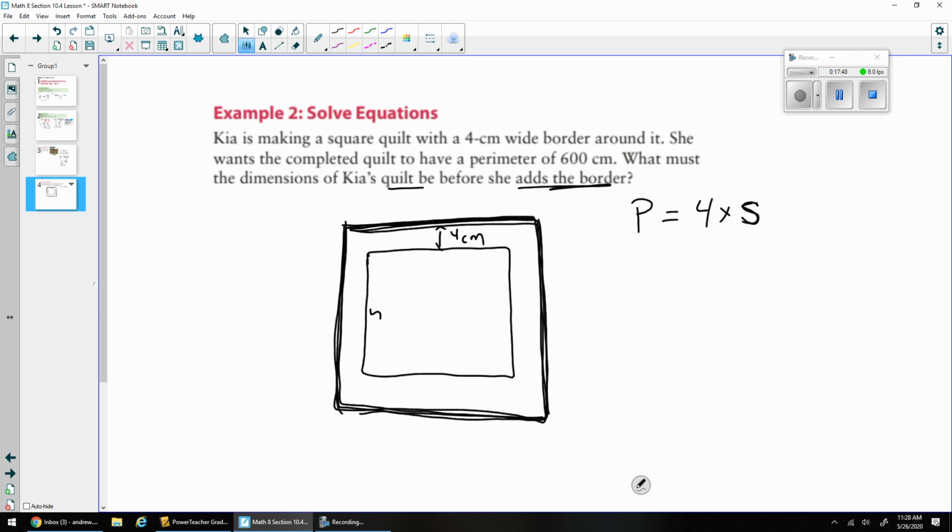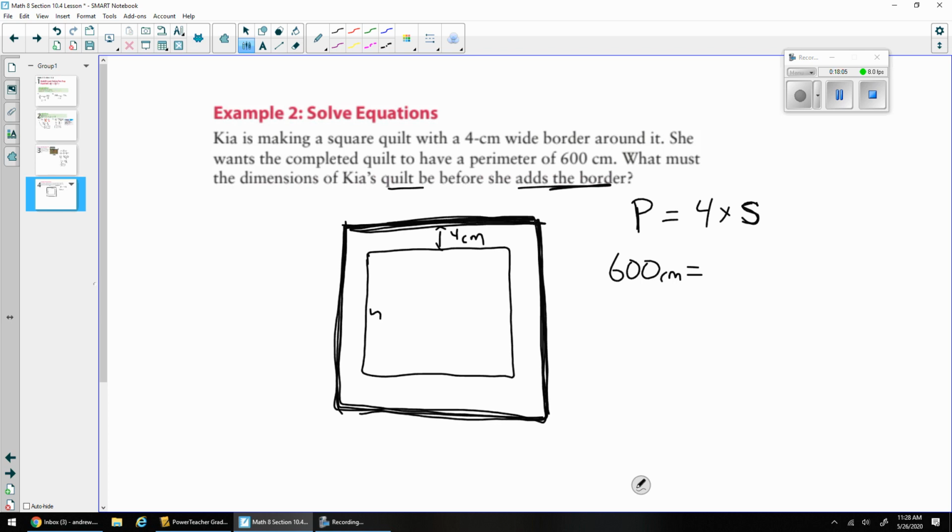So essentially, if this outside is going to have a perimeter of 600, what must this inside side length be? Okay? Well, let's look at the outside. If the outside has a perimeter of 600 centimeters, I'm going to replace P here with 600 centimeters. And that's 4 times the side length. What is the side length of this outside?